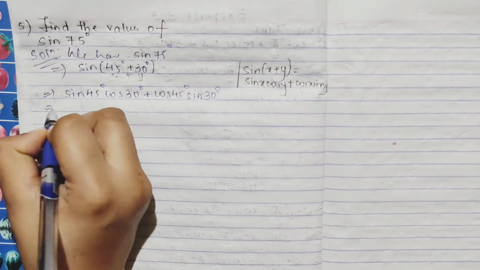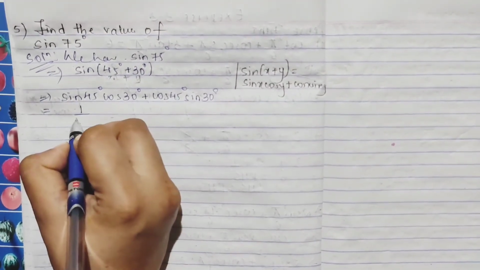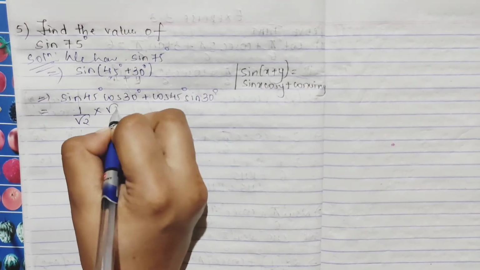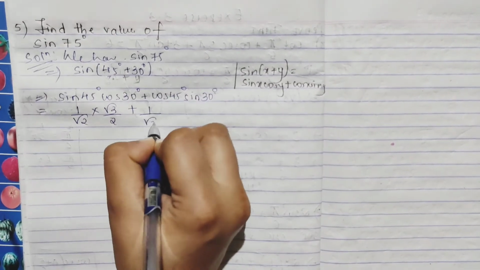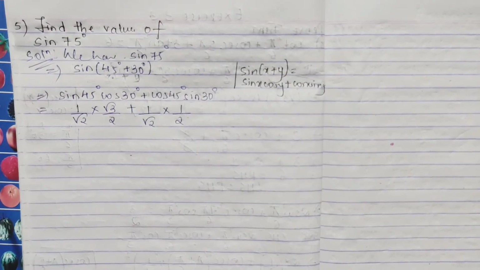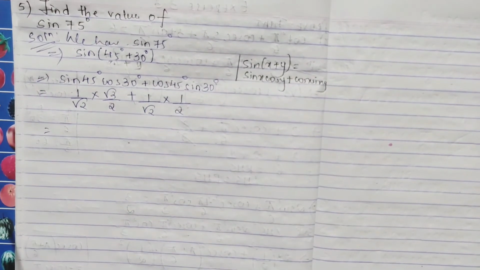So your sine 45 is 1 by root 2, and cos 30 is root 3 by 2, plus cos 45 is the same, 1 by root 2, and your sine 30 is 1 by 2, okay. Now you just solve it.